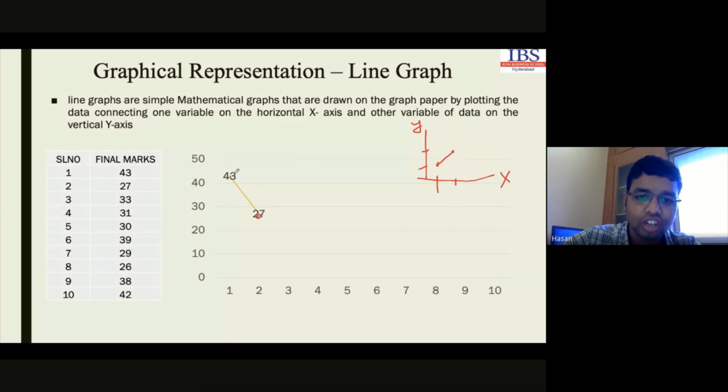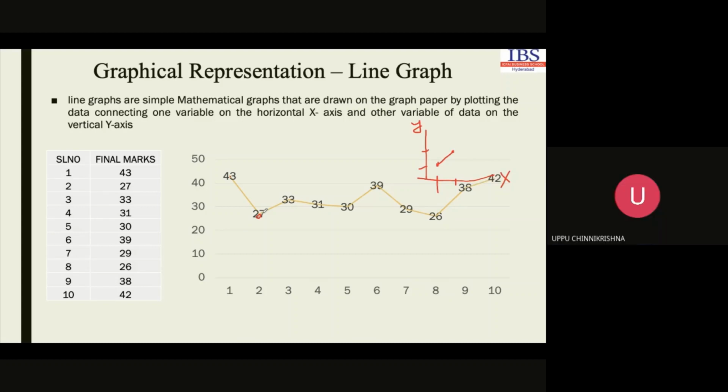Now look, this is 43 and this is 27. If we draw this line, it forms a line. Then again for the third one, this is 33, put the point and join again. For the fourth one, it is 31, then the fifth one is 30, then the sixth one is 39, then the seventh one is 29, it reduces. Then the eighth one is 26, the ninth is 38, and the 10th is 42.